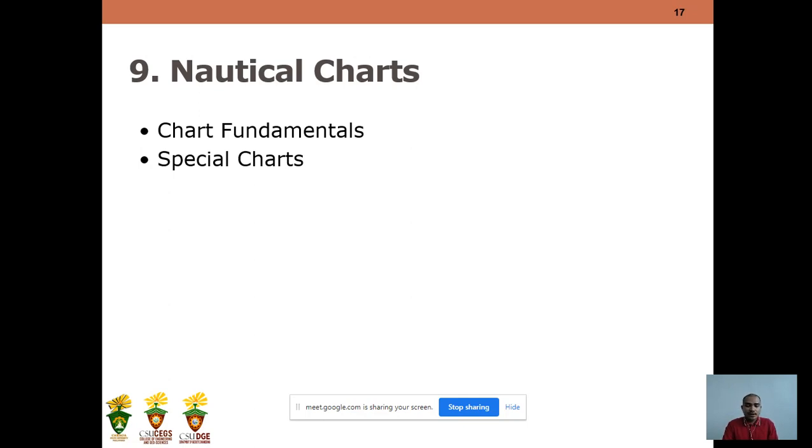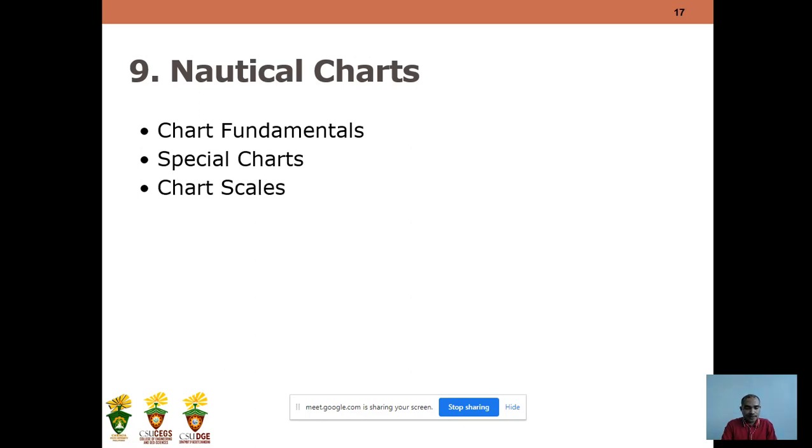These are the charts that are going to be used for special projects, especially in critical areas where there are major changes in the topography of the seabed. So they are used for special purposes. Also, special charts are used in scientific studies.